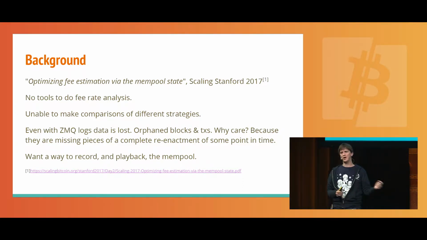For example, we don't know when a transaction appeared. We only know when it was mined. We also don't know anything about transactions that were invalid. Like if a transaction is double spent and the other transaction is mined, then the first one is gone. There's no way to fetch that transaction from anywhere.